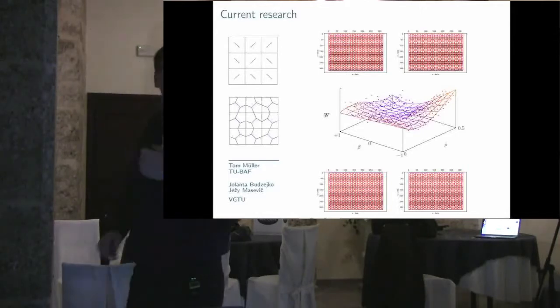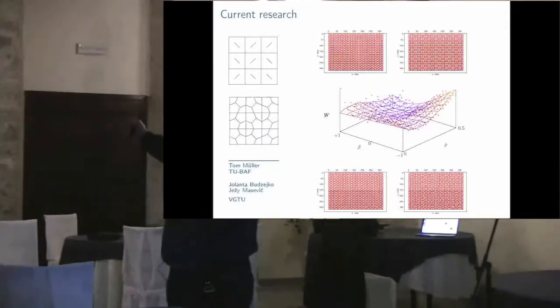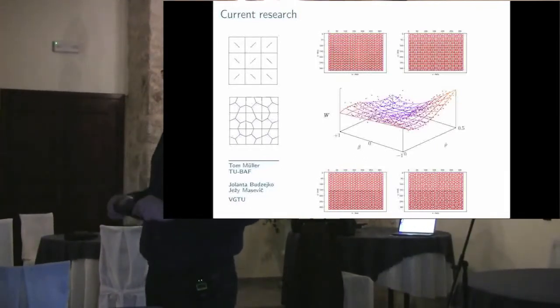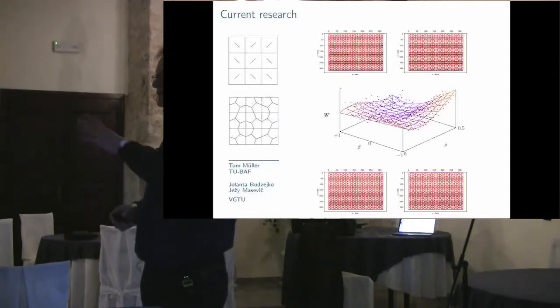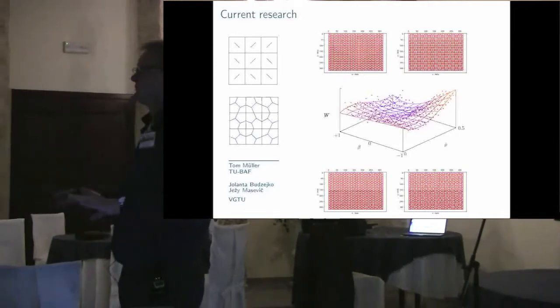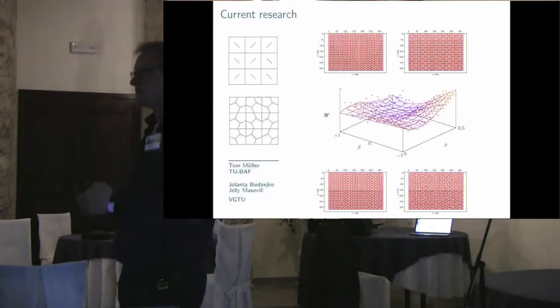The other reason is you can consider these cases even without periodic boundary conditions, but then you have to make your structure far bigger in order to get rid of the boundary effects. I think the limit right now is 35 by 35. Then the computer is out of memory, so to say. So this is a step we have to do next, to incorporate periodic boundary conditions.